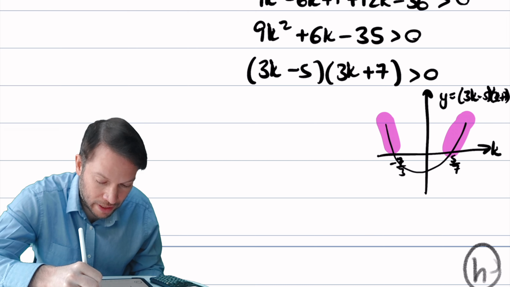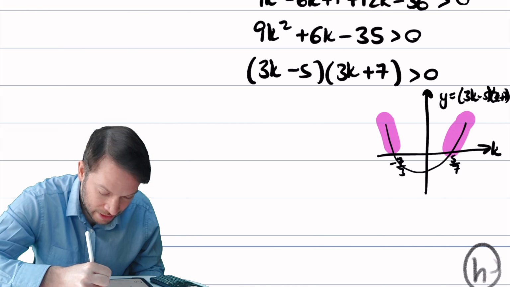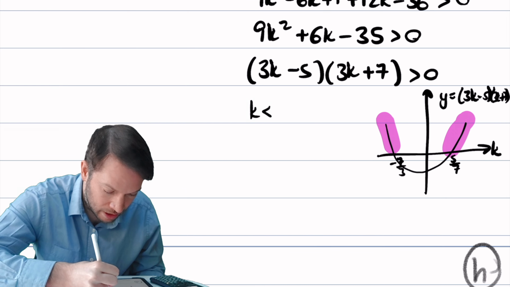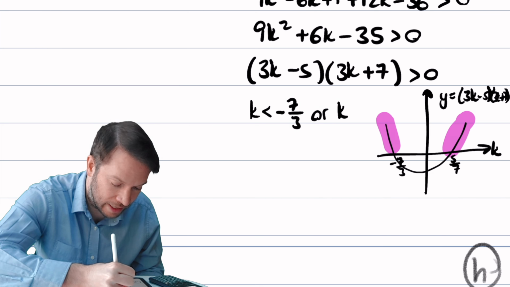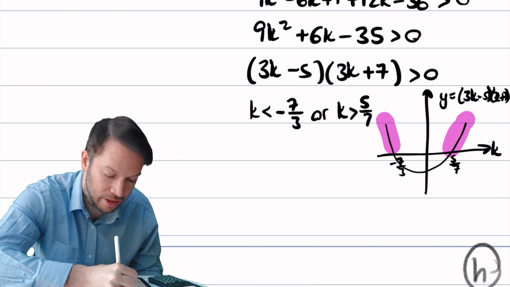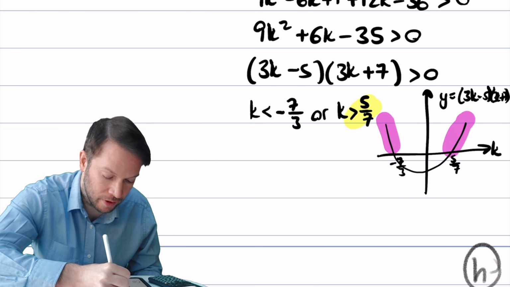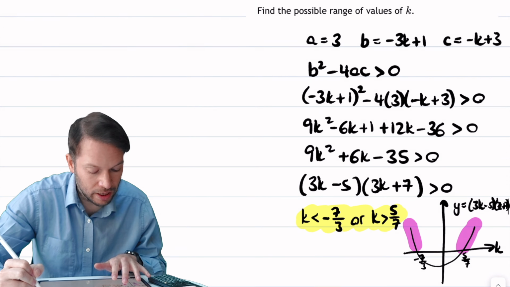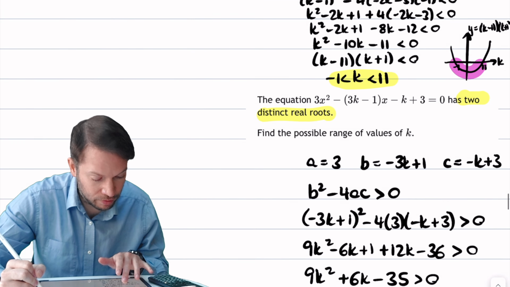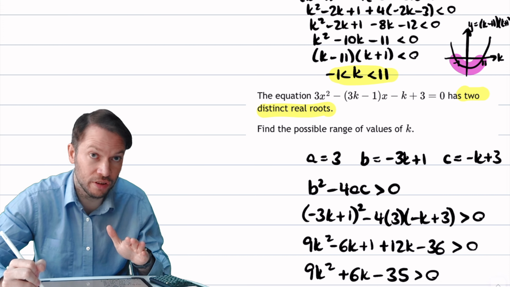So that will be when k is less than minus 7 over 3, or, use the word or, k is greater than 5 over 3. So that will be the final answer. So if k is in that range, that means this original quadratic will have two distinct solutions for x.